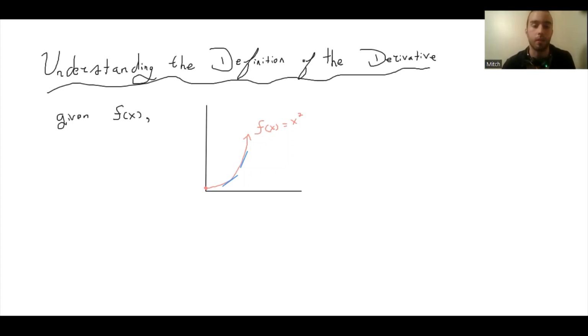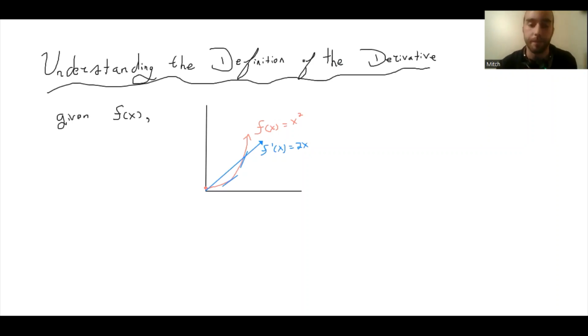And the truth of it is that for f of x equals x squared, the derivative is just a straight line. So it would be f prime of x equals 2x. And we'll go into that later.